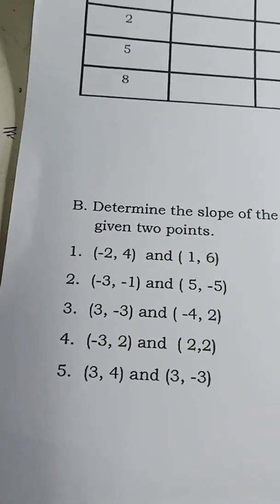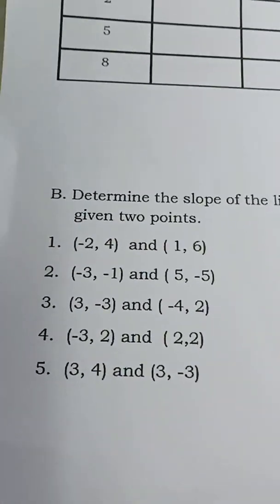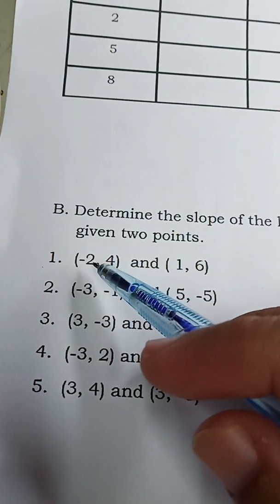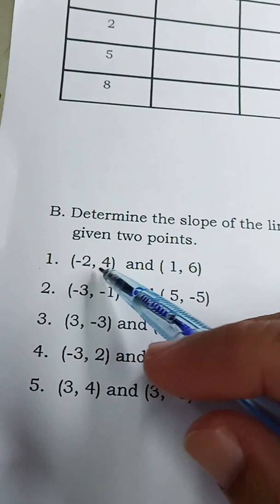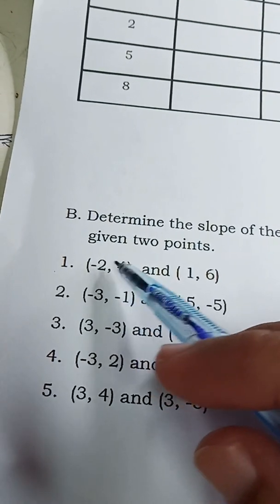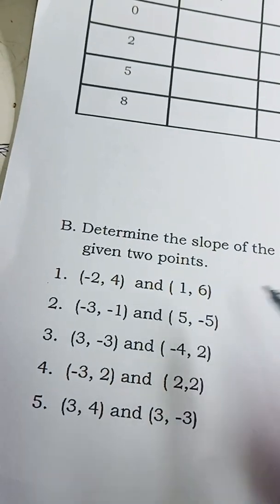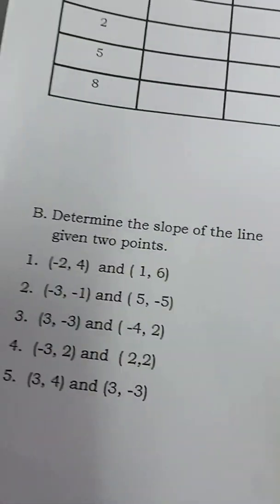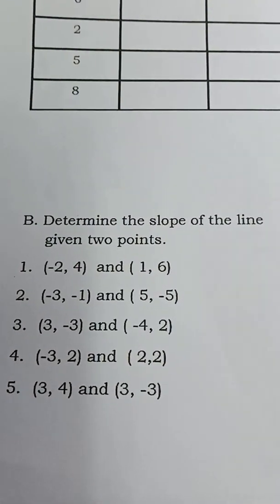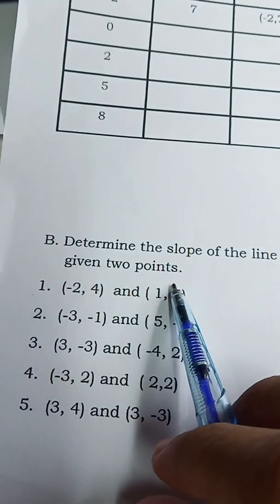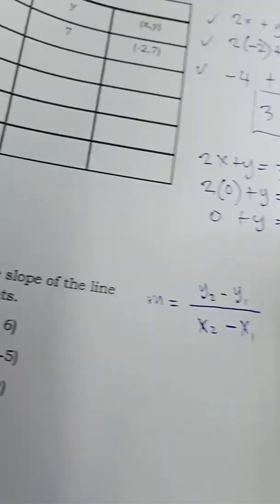Okay, so for our last item here, I will answer the first item in letter B. That's point number 1, negative 2 and 4 for the ordered pair, and point number 2, which is 1 and 6 ordered pair. Alright? So, to get this slope, since the instruction is to determine the slope of the line given 2 points, two points are given and we will find the slope of the line.